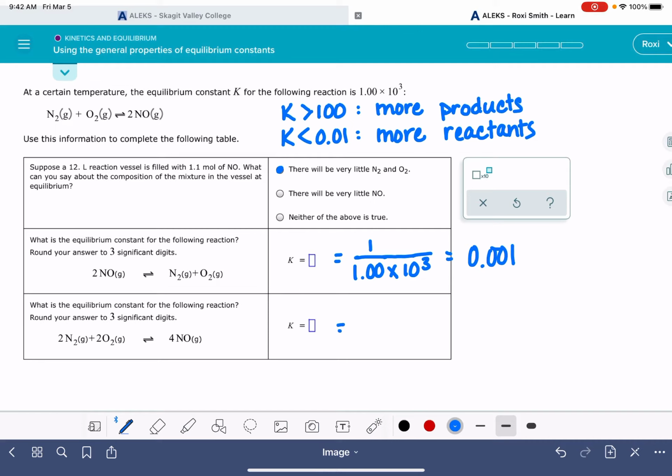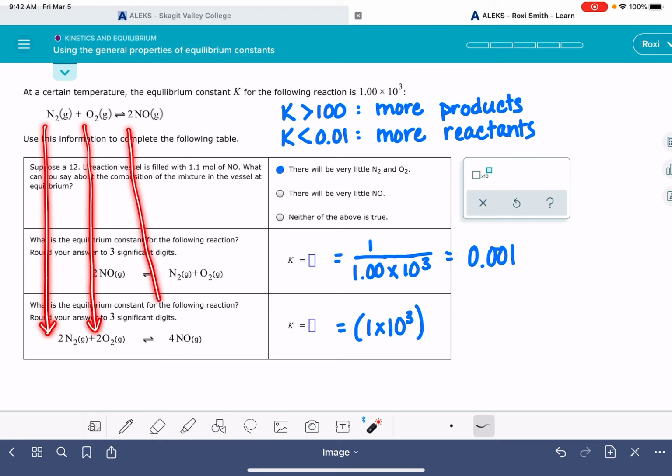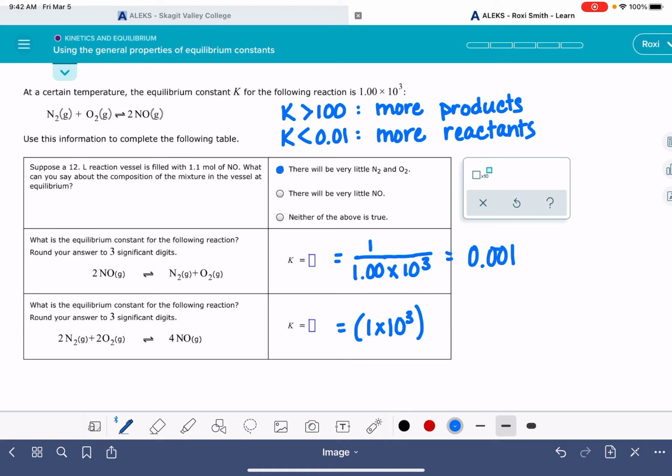So if our K value in this case was 1 times 10 to the 3rd, whatever change we're making to the stoichiometric coefficient, in this case multiplying the coefficient by 2, we're going to raise that K value to that particular exponent.